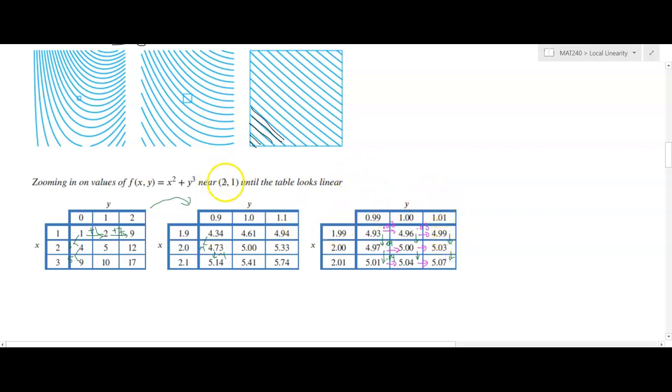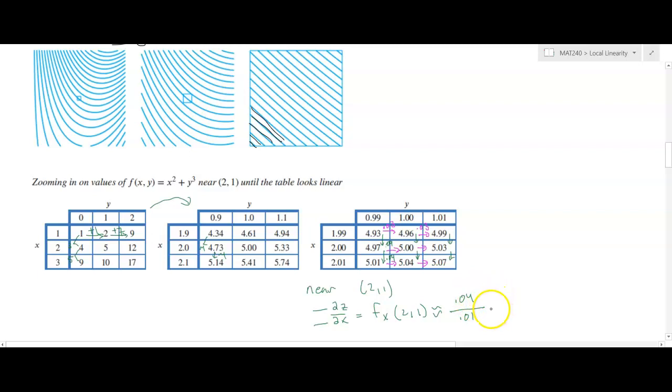So locally, near the point 2, 1, it appears as though the partial derivative, which is what we're really getting at here, that is the change in z with respect to a change in x, at the point 2, 1, we're pretty reasonably able to say that if the change in x is 0.01, the change in z was 0.04.